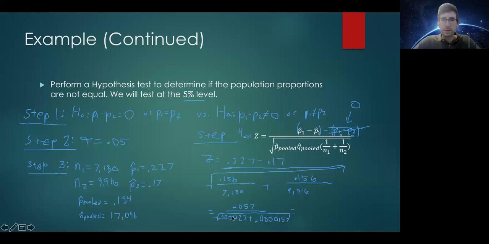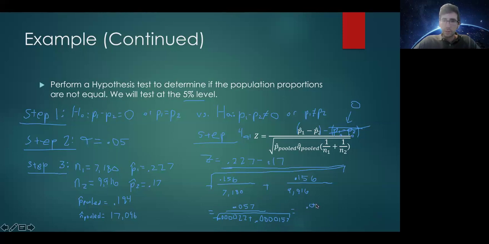Okay, so now let's add those two numbers together. I'm adding 0.0000157 and 0.0000022.